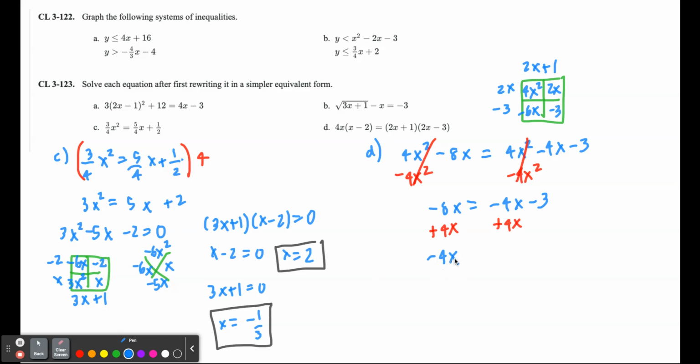You got negative 4x equals negative 3. Divide by negative 4, and you get your answer of positive 3/4. Okay, moving on.